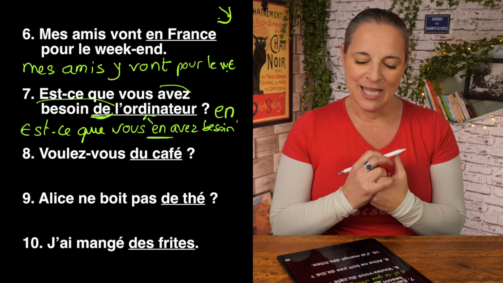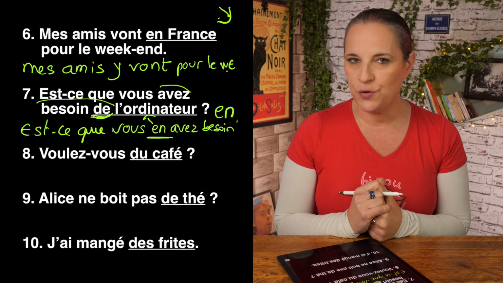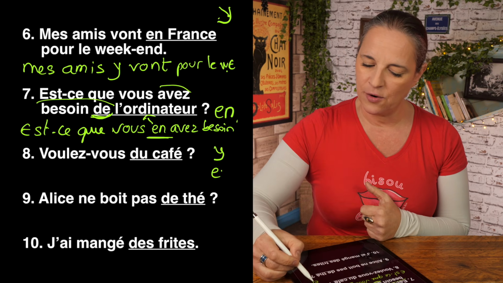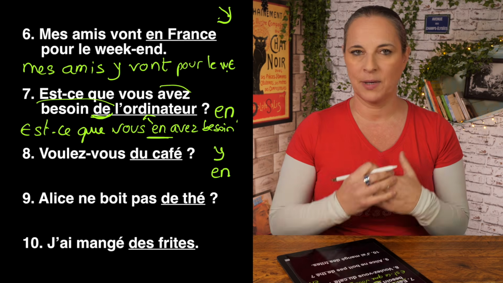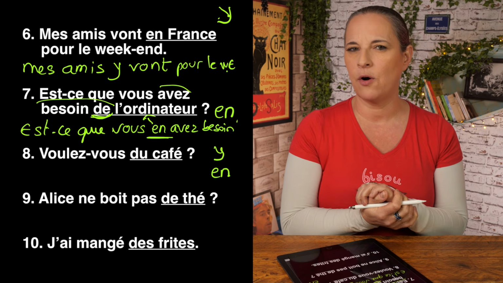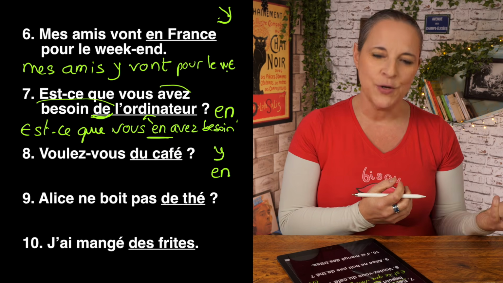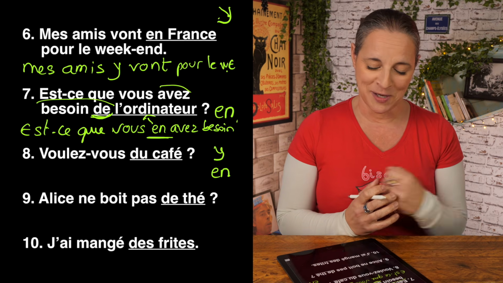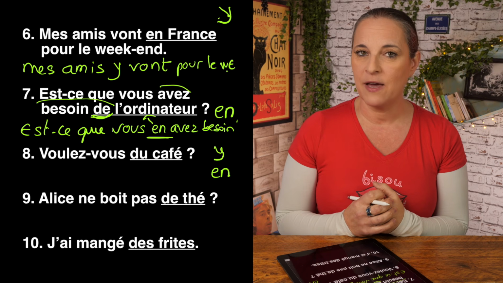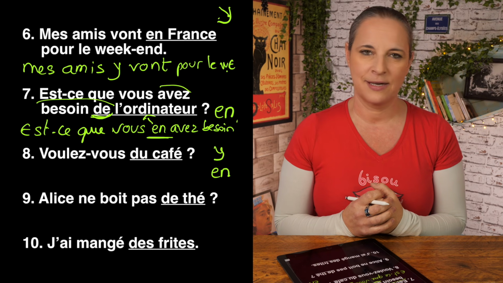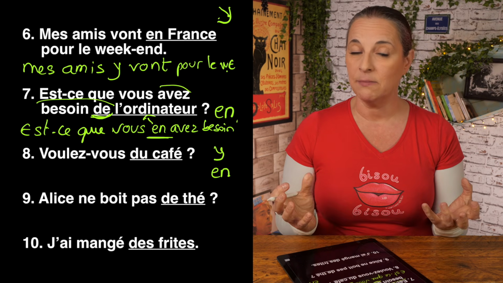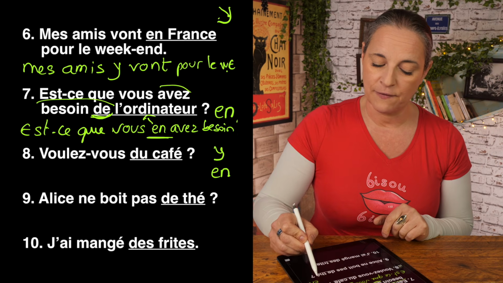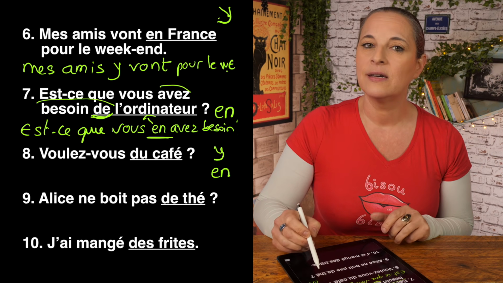Okay? The next one. Voulez-vous du café? So, I'll leave it with you now. Is it y or is it en? We are talking about going somewhere or something of quantity or with de before. Now, it has du. It counts as de as well. Voulez-vous du café? Would you like some coffee? And in English, would you like some? Without saying café. But here, if we wanted to replace du café, we replace it with en.